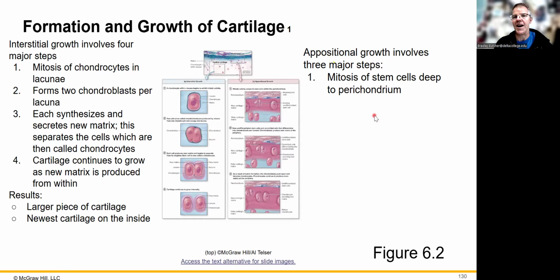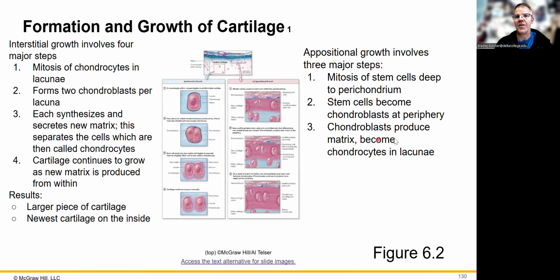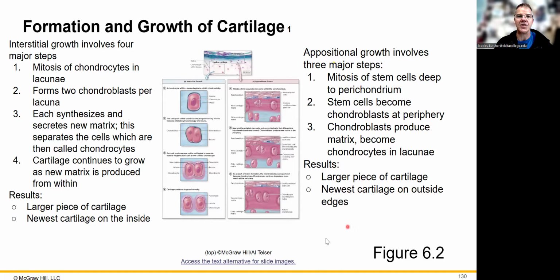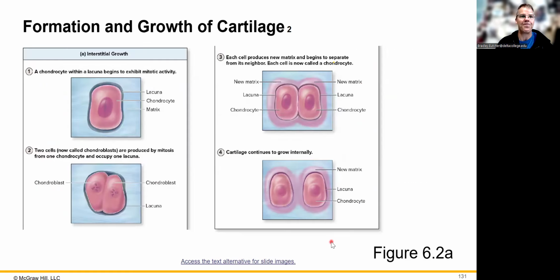They divide, and some of those stem cells become chondroblasts at the periphery, on the superficial surface of the cartilage. Those chondroblasts produce matrix and become chondrocytes in the lacunae. As a result, you get a larger piece of cartilage, and the newest cartilage from this type of growth is formed on the outer edges.